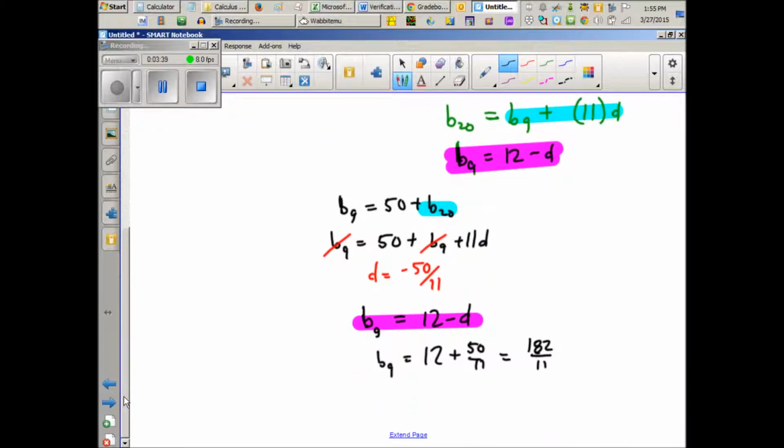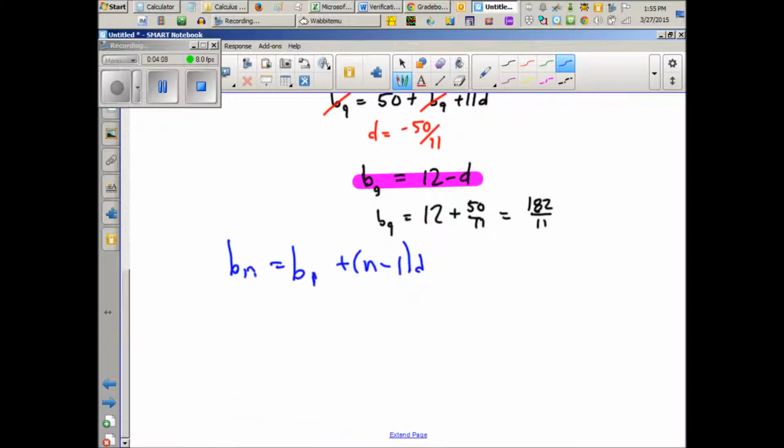Now we seek B1. So here's the final clincher. We never wrote down the formula that we learned in the first place: A n equals A1 plus n minus 1 times D. Of course, the name of this particular sequence is B, so B sub n is B1 plus n minus 1 times D. Now that we seek the first term, we can use what we know.